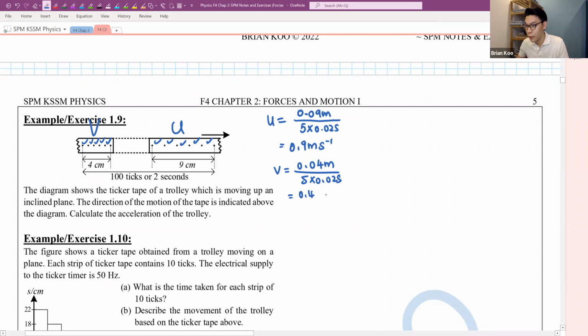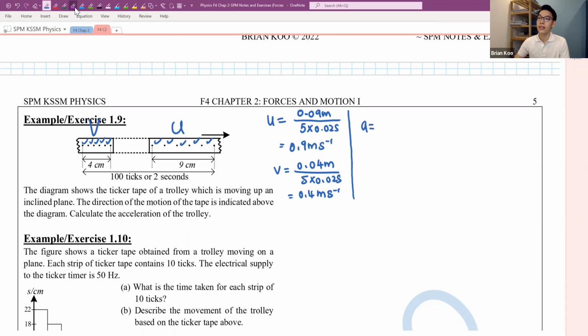You should get 0.4, or 40 cm per second. The acceleration is where it becomes a bit interesting. It's going to be V minus U divided by the time.